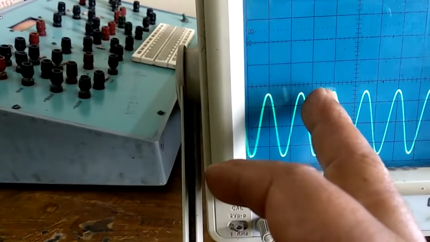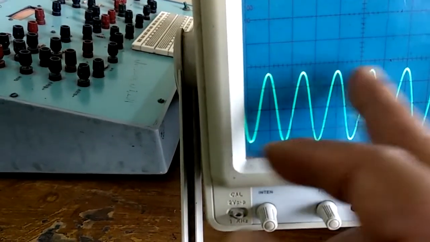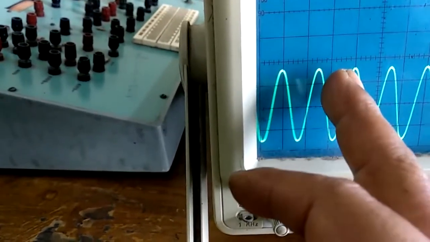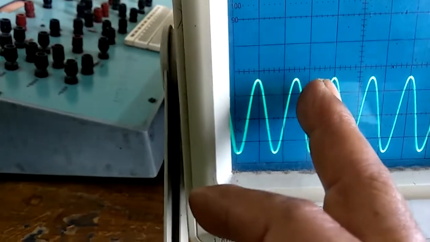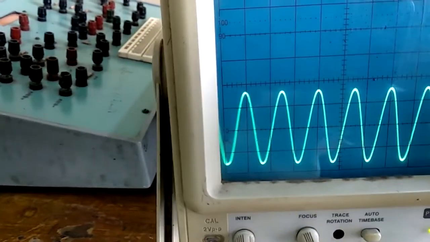And now we have to calculate the distance between these two peaks, because we can take these two peaks as a single duty cycle, a standard duty cycle of this waveform.